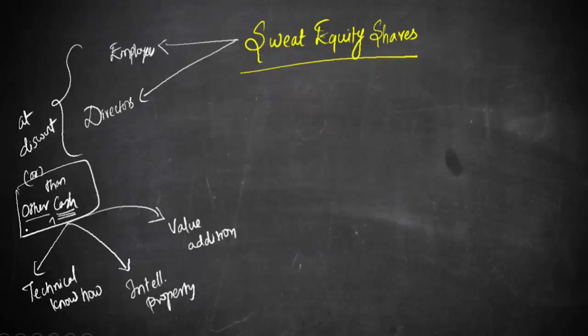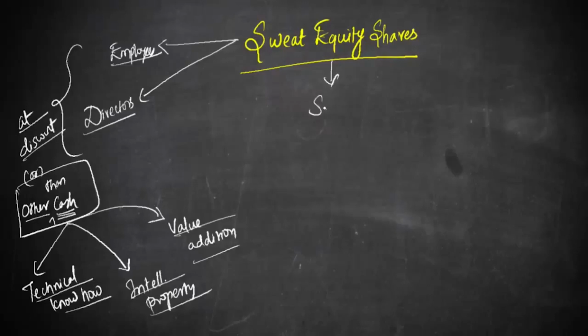So understand, sweat equity shares are those shares which are issued to the employees or directors at a discount or for consideration other than cash for items like technical know-how, intellectual property, or value additions.